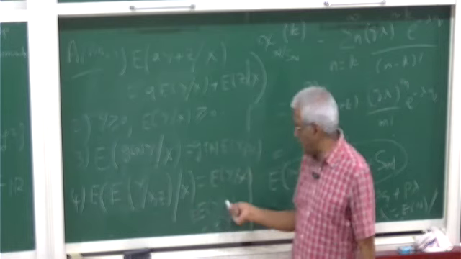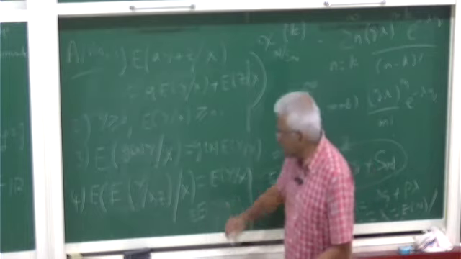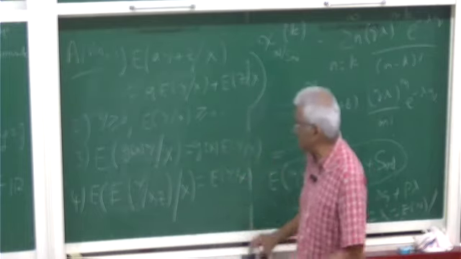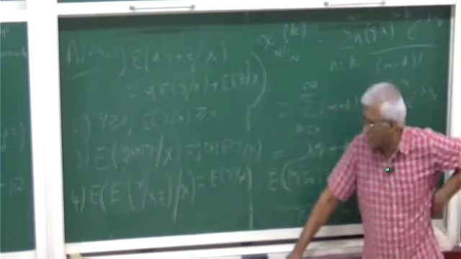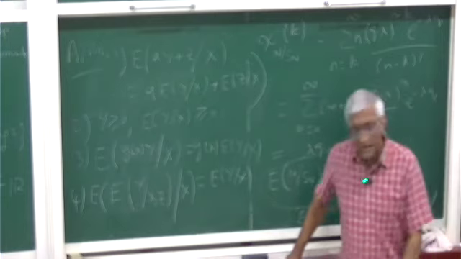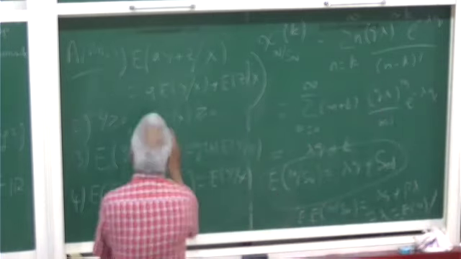You forget about the x. So this is just the extended version of that. You take the expectation with respect to x and you get this, which is also the same. This follows from the earlier one.